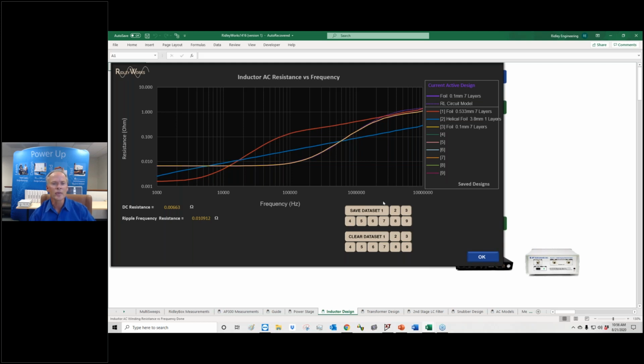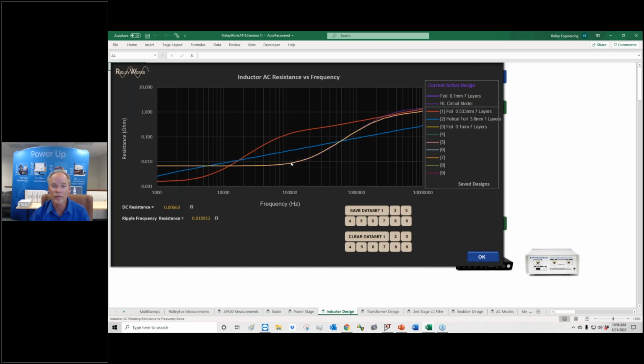Okay. And this one here, we've used a thinner foil. For DC, for a buck inductor, it's not going to be good. But notice in this region here, if you're running an LLC at 100 kilohertz and it's only AC, then you're going to get 8 milliohms instead of 2.7.